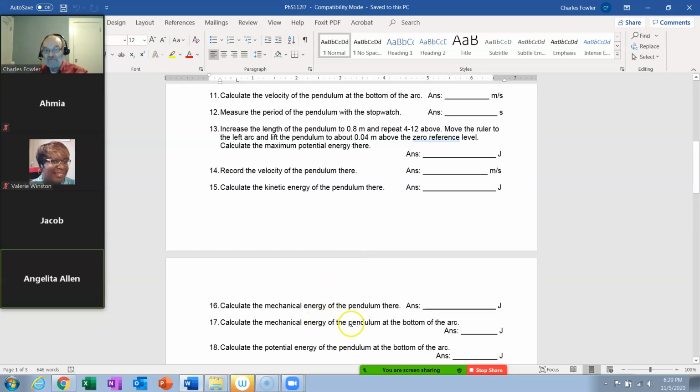What is mechanical energy at the bottom of the arc? Okay, sorry about that. I'm trying to type in. Oh, I see. Okay. Man, if I were typing, I'd really be moving slowly. So what's mechanical energy at the bottom? You're right, 0.392, because it doesn't change. Mechanical energy is conserved.